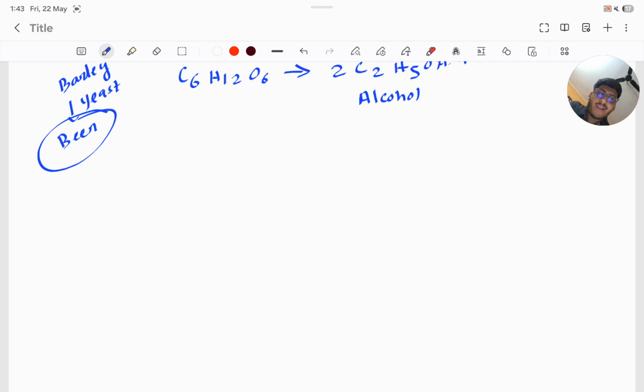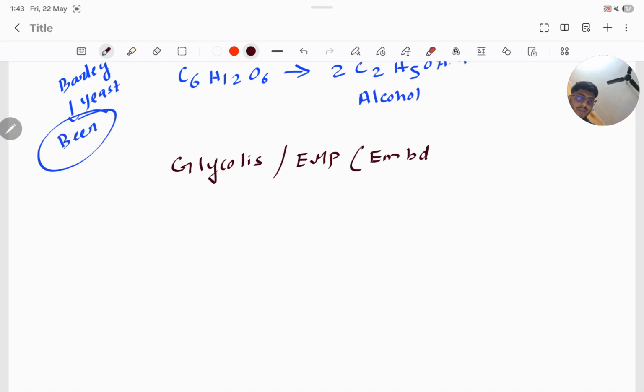One is the glycolysis, which is known as the EMP pathway, given by the names of three scientists, Emden, Meyerhoff and Parnas.